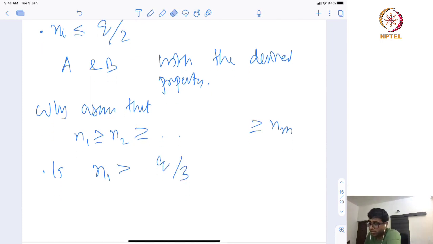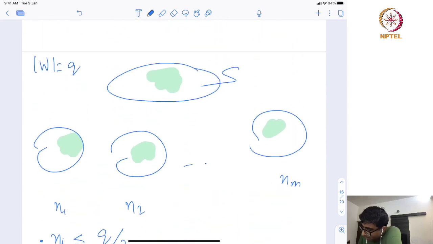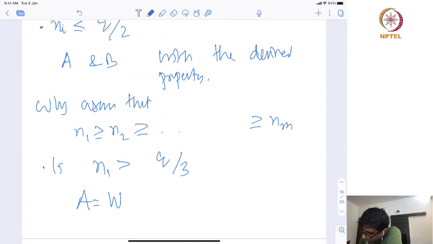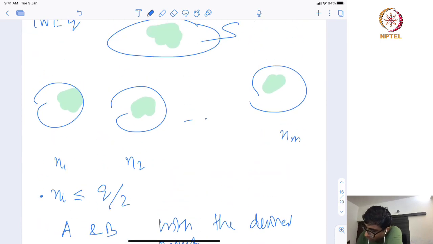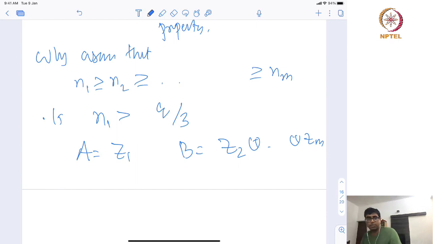If it is, then we are very happy, because then I am going to take A as Z1. Remember this set was called Z1, Z2 and Zm, and this set we called Zs. So I take A as Z1 and my B as Z2 disjoint union through Zm. This is how we will partition.